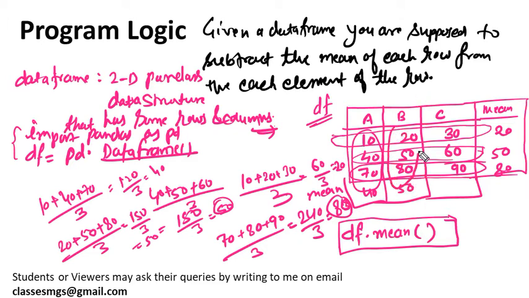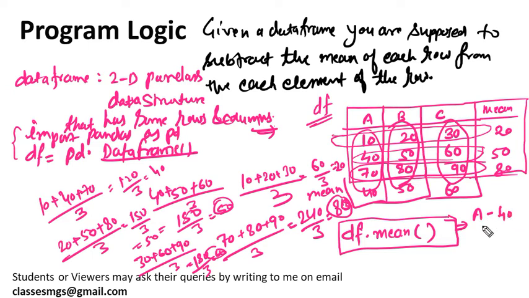We are calculating the mean column wise now. Let's suppose 30, 60 and 90: 30 plus 60 plus 90 is 180, divided by 3, and that will be 60. So its mean is 60. So this is the mean column wise. If we call df.mean(), it will give you the mean column wise.